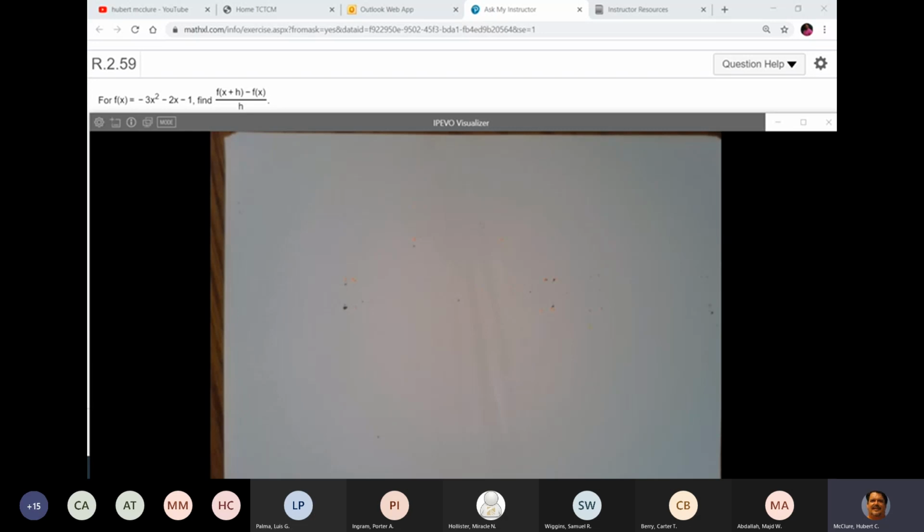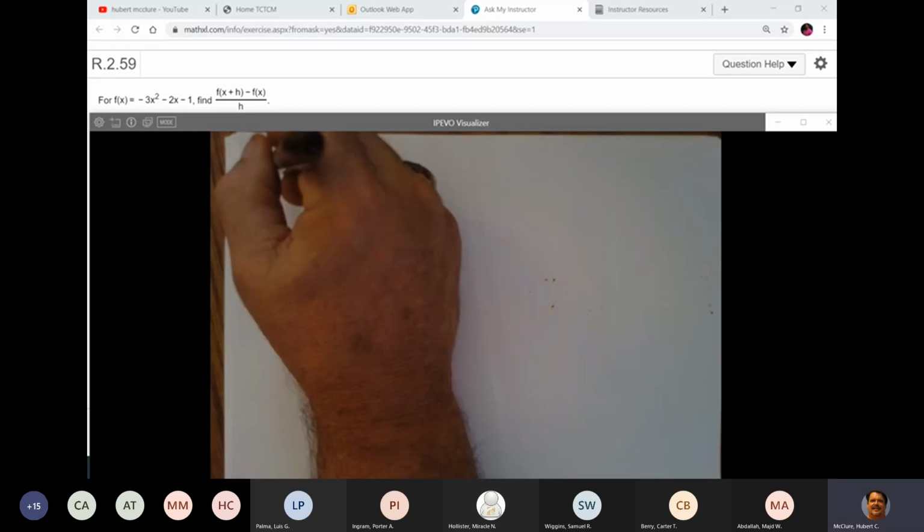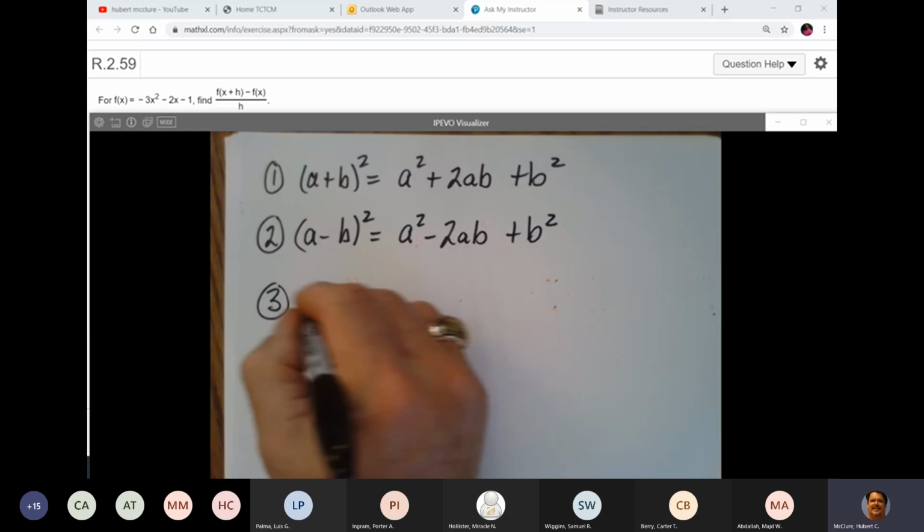The first shortcut: a plus b quantity squared is equal to a squared plus 2ab plus b squared. 2: a minus b quantity squared is equal to a squared minus 2ab plus b squared. 3: a squared minus b squared is equal to a plus b times a minus b.